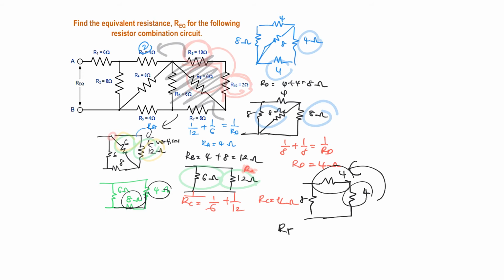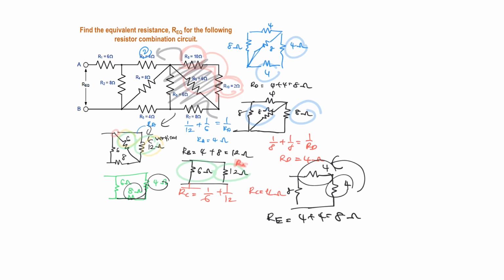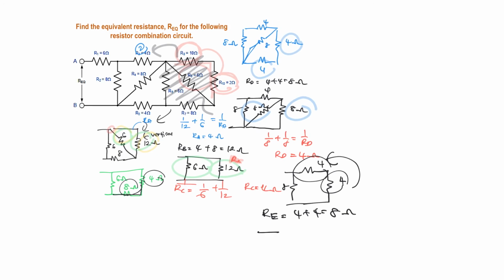So RE is going to be 4 plus 4, you are going to get 8. And once you're done with that, the combination is arranged in vertical, like this and like this. So you are going to be left with this.